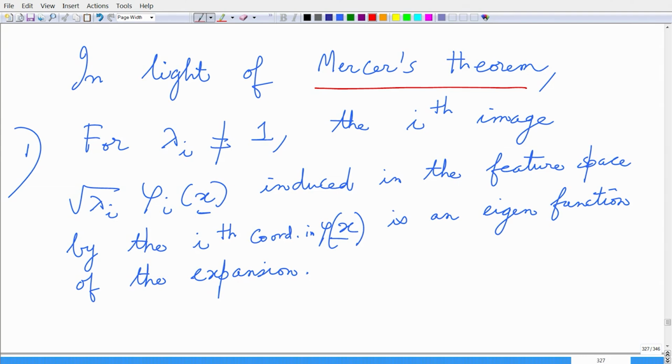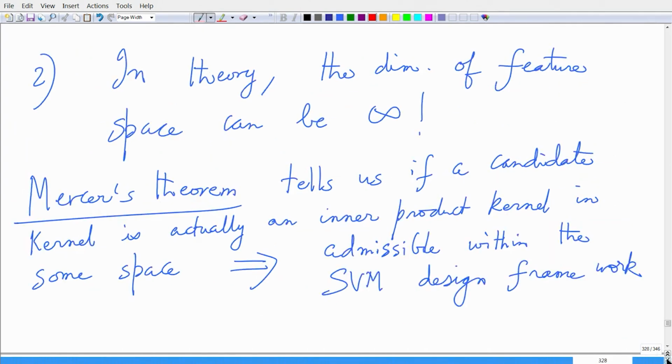Recall phi of x is a vector, phi acting on this vector x, and that has coordinates phi 1, phi 2, phi 3 and so on in the feature space. So, this ith image, root lambda i times phi i of x, induced in the feature space by the ith coordinate in phi of x, is an eigenfunction of the expansion. This is an important detail. And in theory, the dimension of the feature space can possibly be infinite.